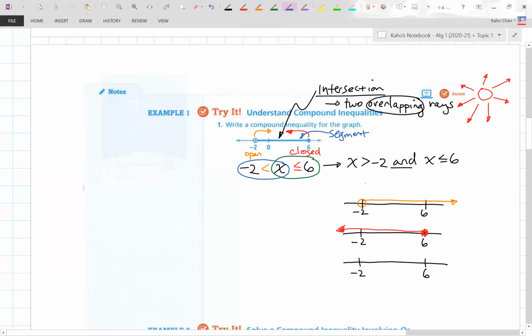And where they chop off is the resulting intersection of the 2 rays. Closed on the right, open on the left, and that's how you look for the overlap. That portion is the overlap.